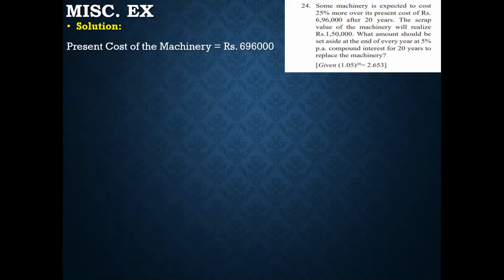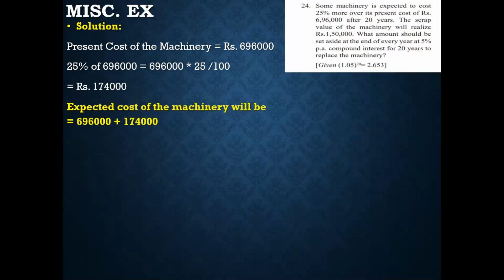First, we'll break all the lines one by one like this. Present cost, as I told you, is 6,96,000. 25% of 6,96,000 will be 6,96,000 into 25 by 100, which gives you 1,74,000. The expected cost is rising, correct? Appreciating.